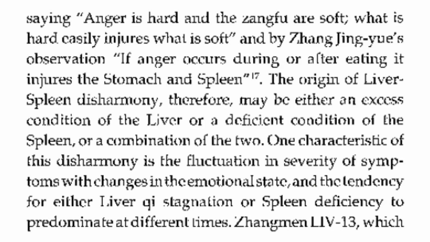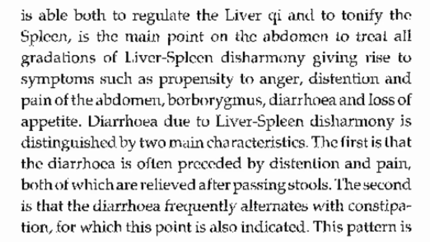One characteristic of this disharmony is the fluctuation in severity of symptoms with changes in the emotional state, and the tendency of either liver qi stagnation or spleen deficiency to predominate at different times.